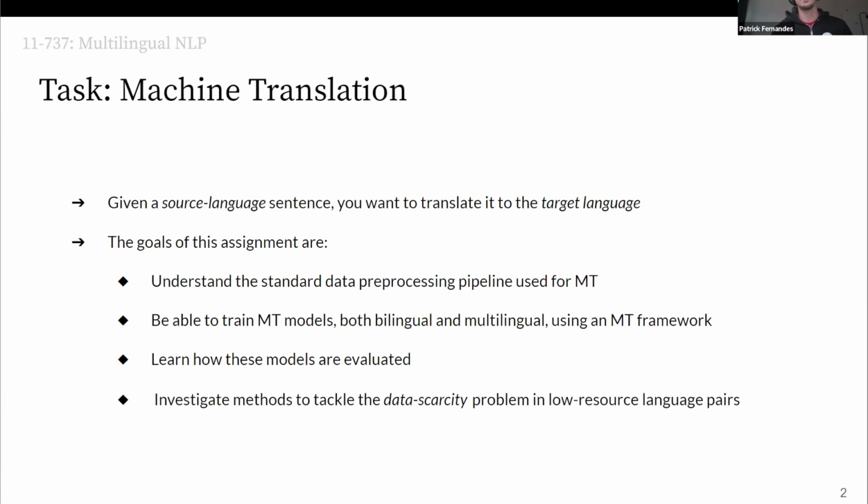And the goals of this assignment are to understand how the standard data processing pipeline is used in MT, to be able to train MT models, both bilingual and multilingual, using an MT framework, to learn how these models are evaluated, and finally to investigate methods to tackle the data scarcity problem in low resource language pairs, which is what you're going to tackle in this assignment.